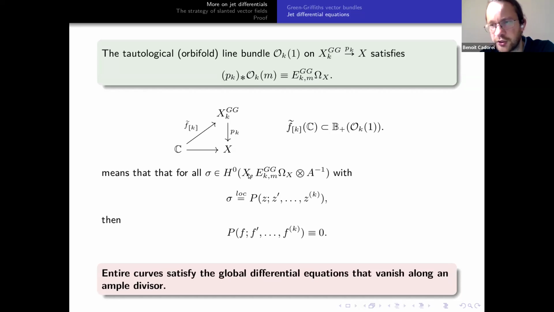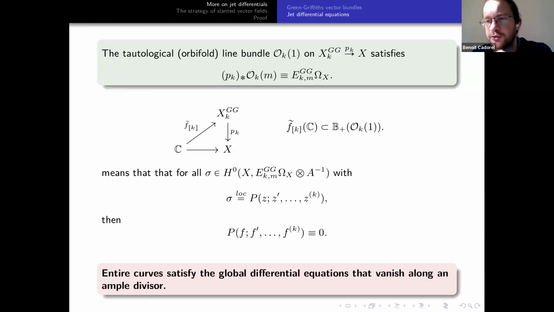It will give you a section on your elliptic curve of this vector bundle minus an ample divisor on your elliptic curve. But on an elliptic curve, this is trivial. So this section sigma, once you pull it back to your elliptic curve, gives you actually a section of a trivial vector bundle tensored by minus an ample line bundle.